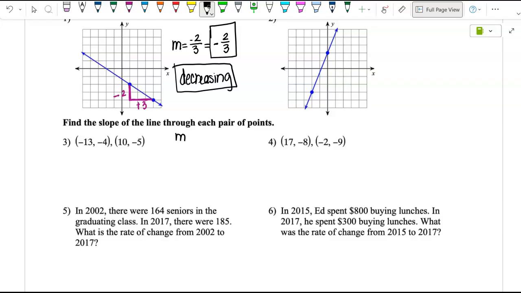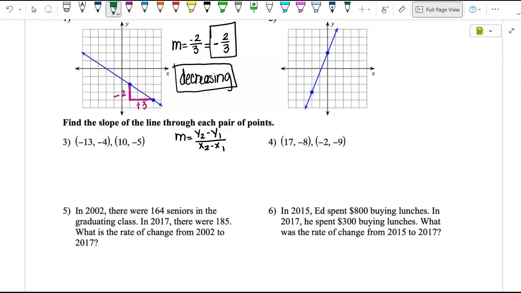Because what we want is m equals y2 minus y1 divided by x2 minus x1. So again, if you wanted to write that on your index card, you can. You just can't have any actual examples on the index card, and I will be looking at the index cards tomorrow.